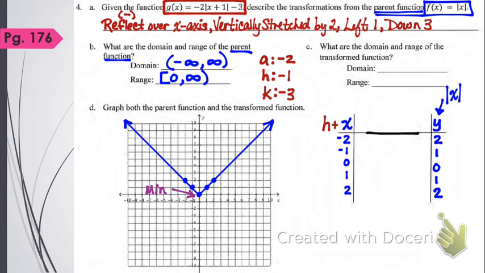So if I'm standing at -2 on the number line, and I take 1 step to the left, now I'm at -3. -2 next, because if I'm standing at -1 and then I go to the left 1, that would put me at -2. And then -1, and then 0, and then where? 1.